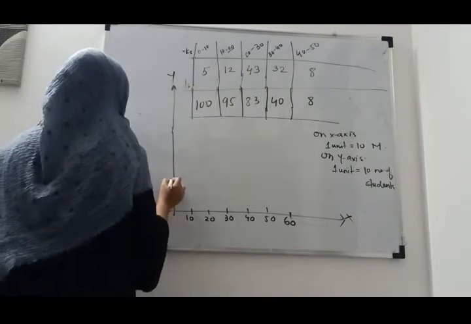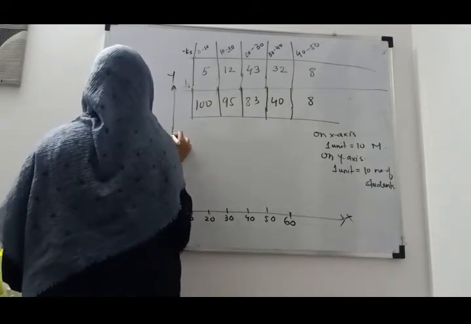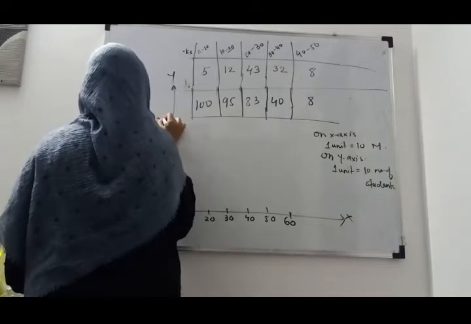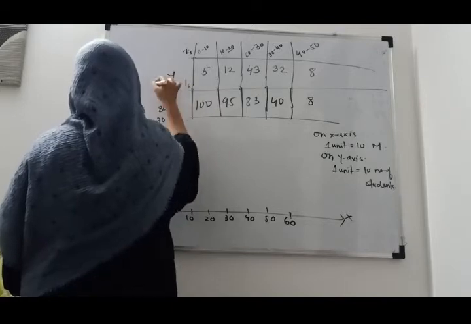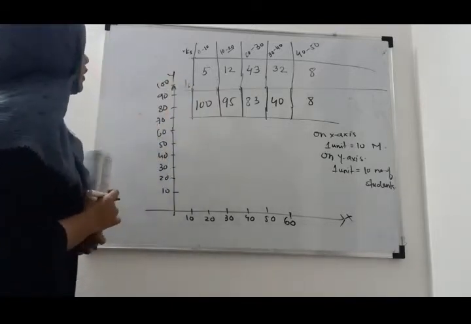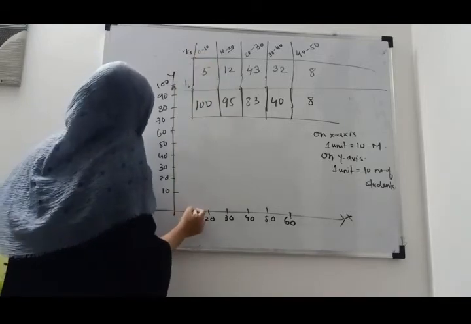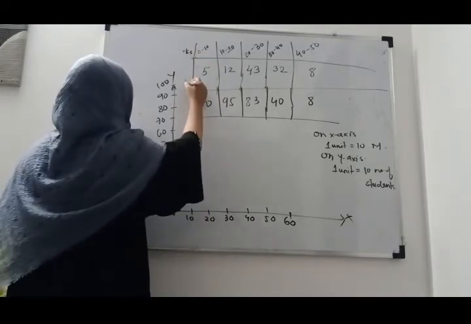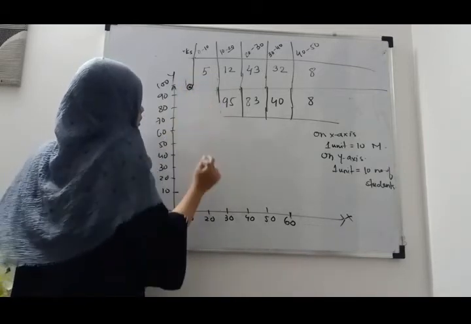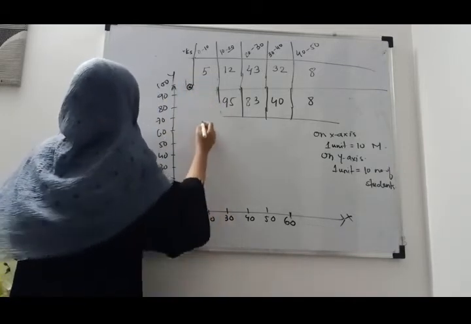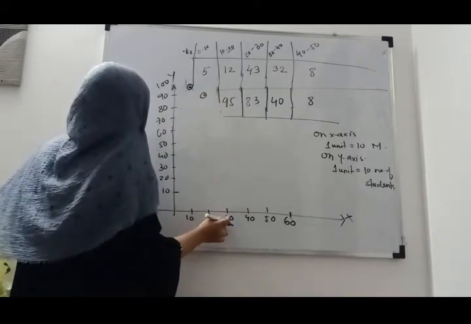Now here 10, 20, 30, 40, 50, 60, 70, 80, 90 and 100. So for the first 10, the frequency is 100. Okay. For the 20, the frequency is 95. For the 30, frequency is 83.